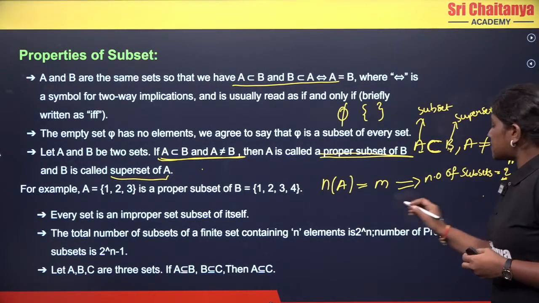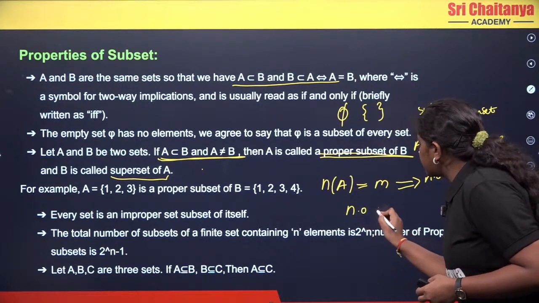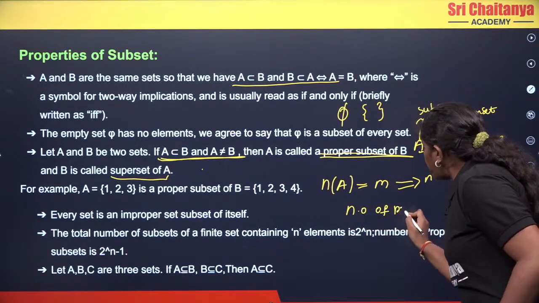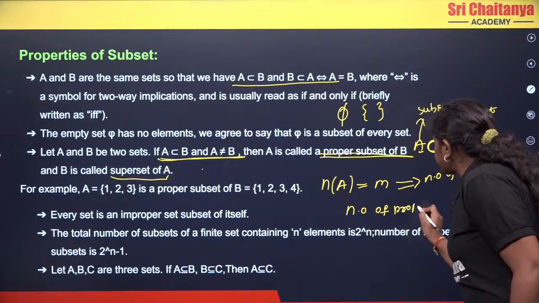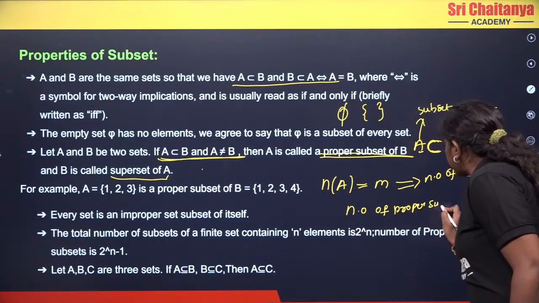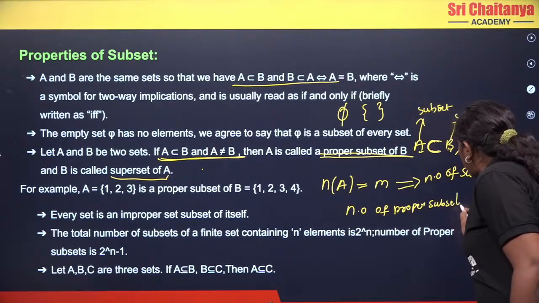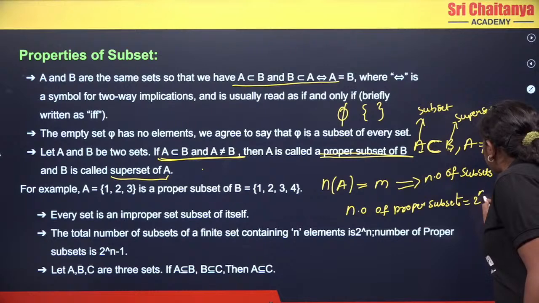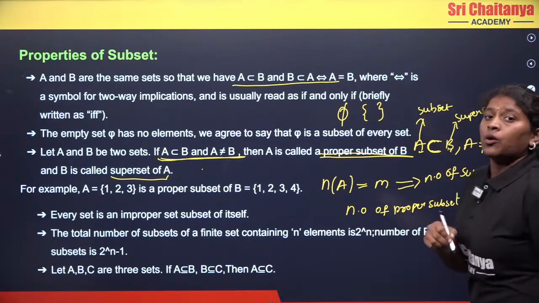And from these subsets, how can we find the number of proper subsets? The number of proper subsets will be given by 2 to the power m minus 1.